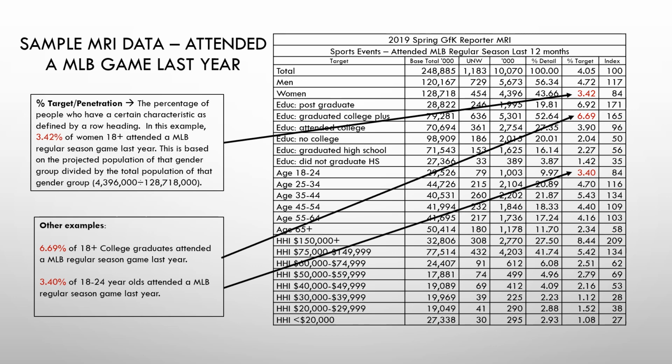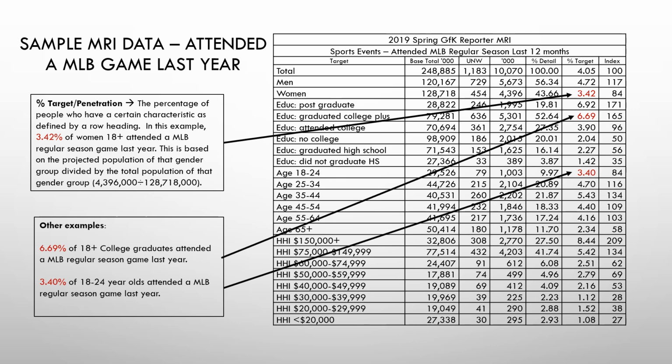The next piece of data, and the next column over, is called the percent target or market penetration. This is the percentage of people who have a certain characteristic as defined by the row heading. In this example, 3.42% of women 18 and over attended a Major League Baseball regular season game last year.